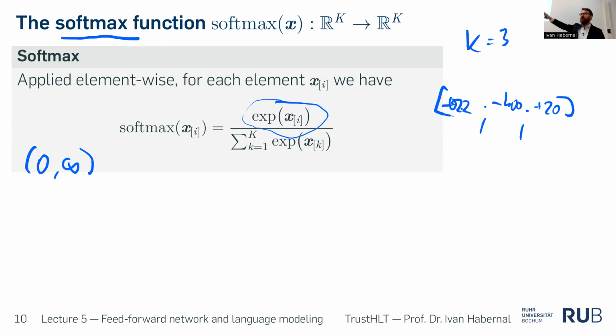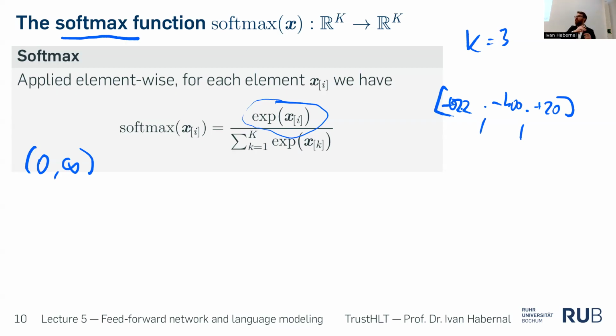It's always rising, which means there's a mapping from all real numbers to positive numbers. If you have two numbers, one smaller and the other greater, then after exponentiation it will still be smaller and greater. So this is great. There are no bumps in the exponentiation.